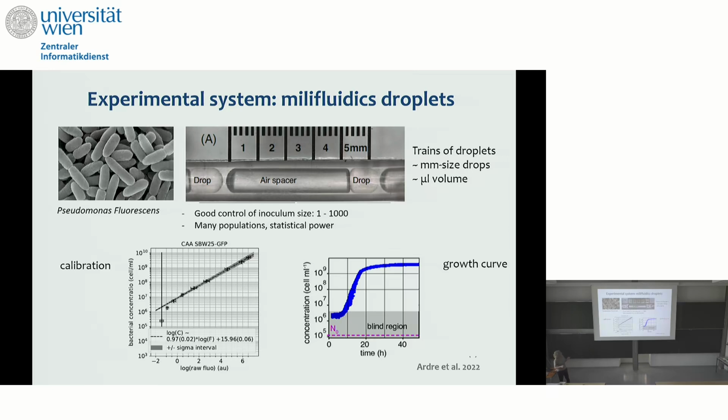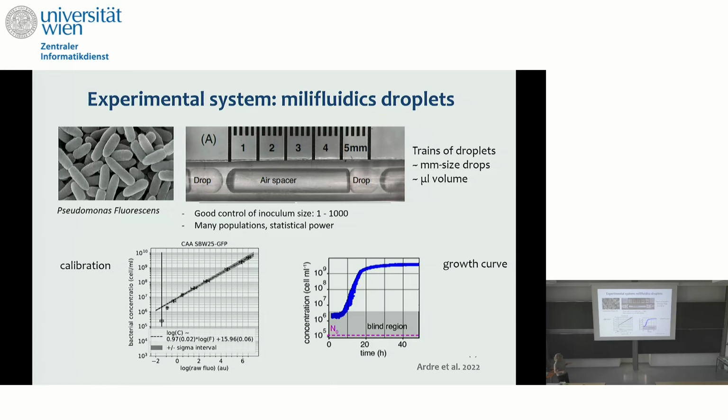And if you now put a few cells in each droplet, this is what the raw data looks like. This allows you to monitor something like 3 orders of magnitude in cell number per droplet, between 1,000 and 1,000,000 cells for each droplet.